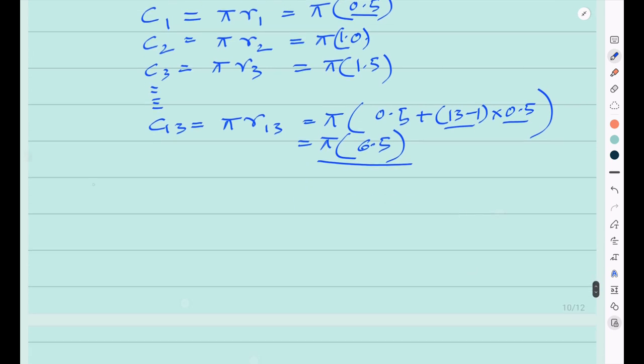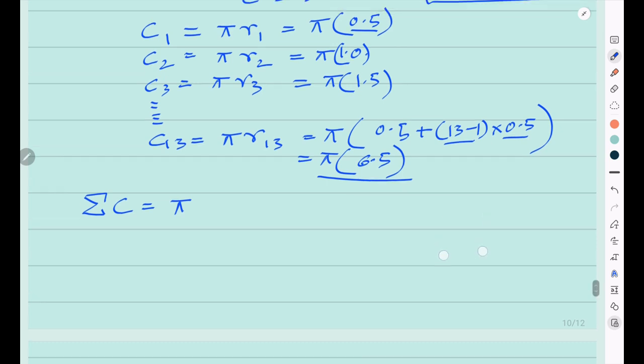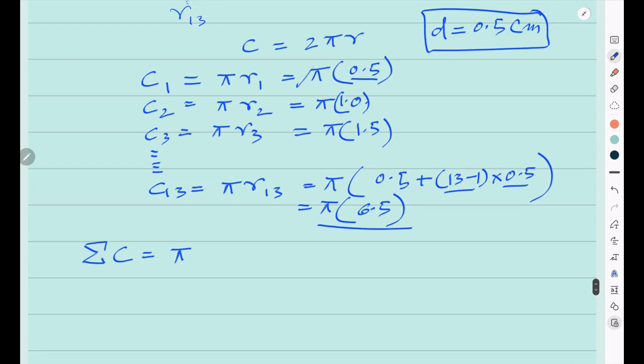Okay, so we can also write down sigma C, the sum of the lengths, which will be, here you see all the pi's are common, so we will just take it common, and then for the first one 0.5, second 1.0, third 1.5, and so on to 6.5.